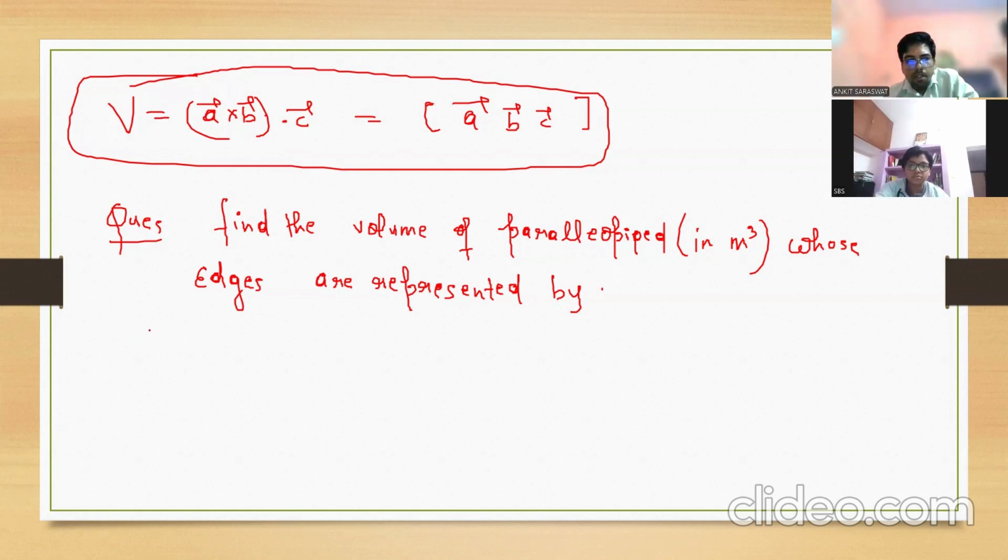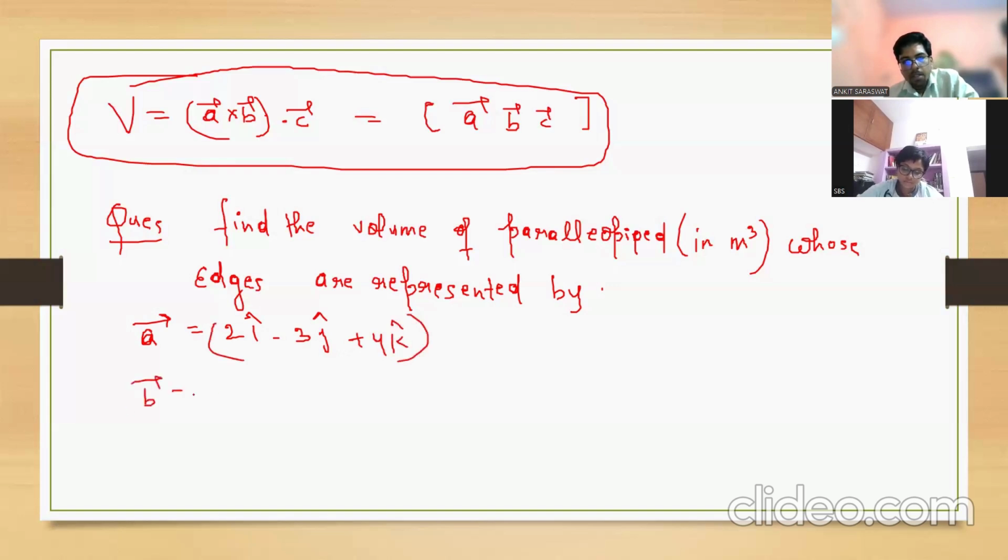We have three vectors. A vector is 2i cap minus 3j cap plus 4k cap. This is A vector. B vector is i cap plus 2j minus k cap.